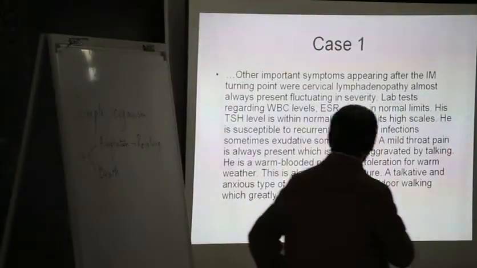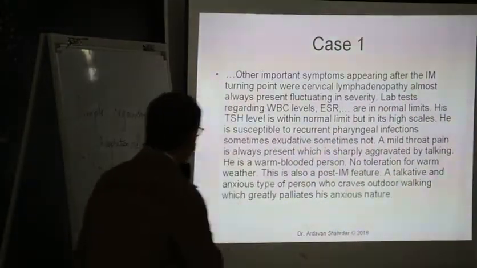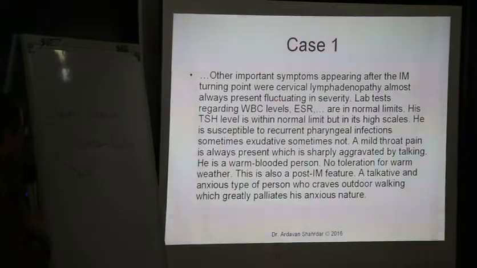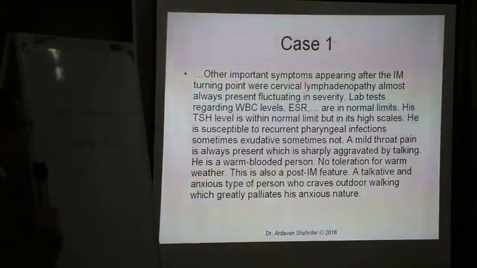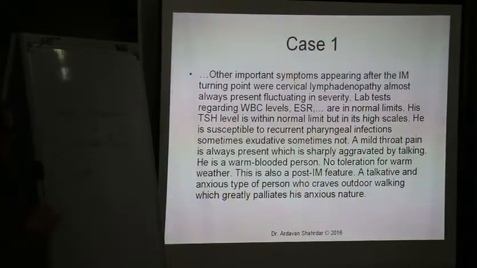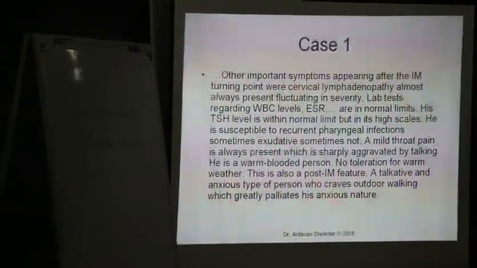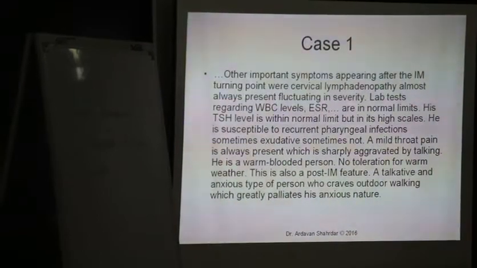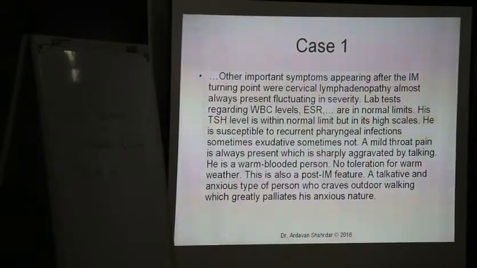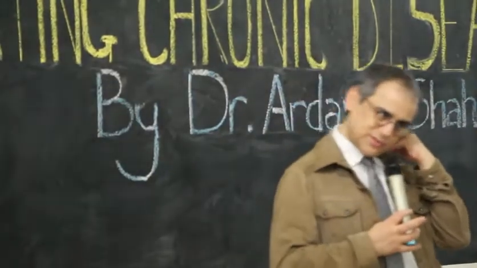Other important symptoms appearing after the IM turning point were cervical lymphadenopathy, almost always present, fluctuating in severity. It means, cervical is related to the neck, the lymph nodes of the neck. Since that period, there were always some problems with these lymph nodes. Sometimes swollen, sometimes normal.